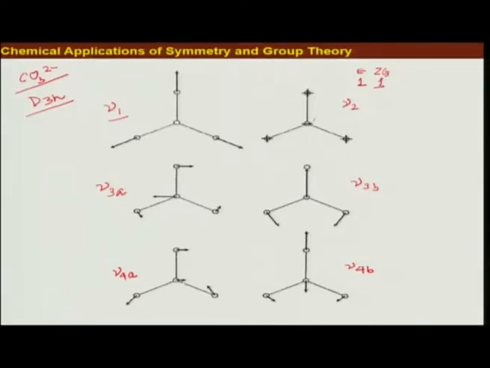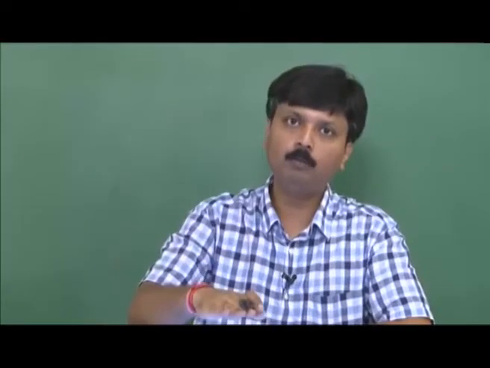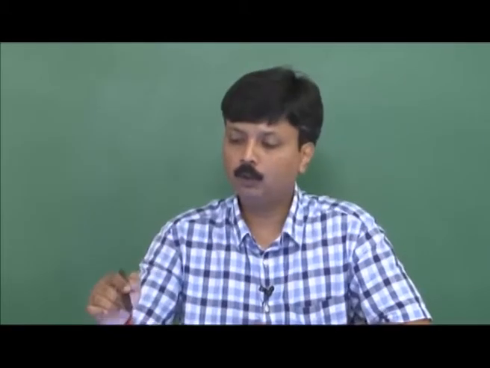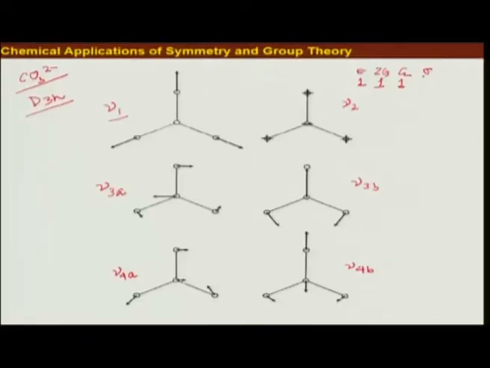Next is C2 prime. C2 prime is also going to give me the same thing, a character of 1, and then we have sigma h. Sigma h is going to invert the signs, right? Whichever was above the plane will now go below the plane, and whatever was below the plane will now come up. So that will invert the structure, and it is going to give me -1, all right.